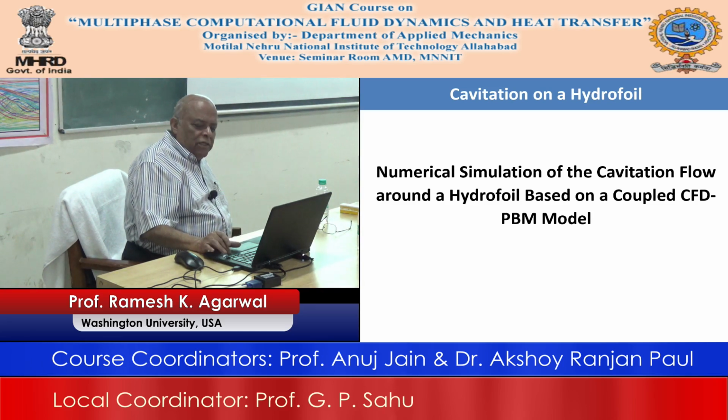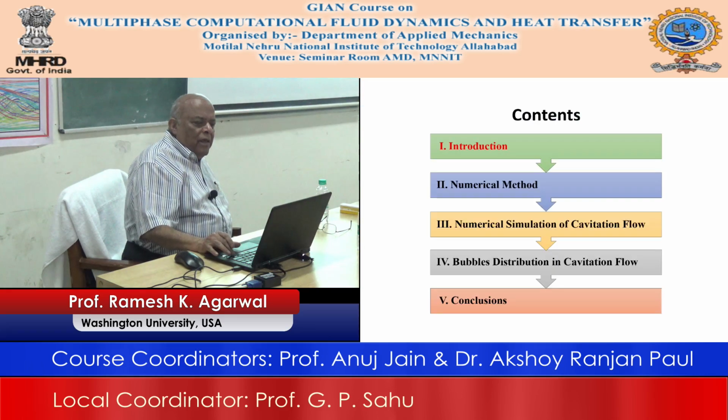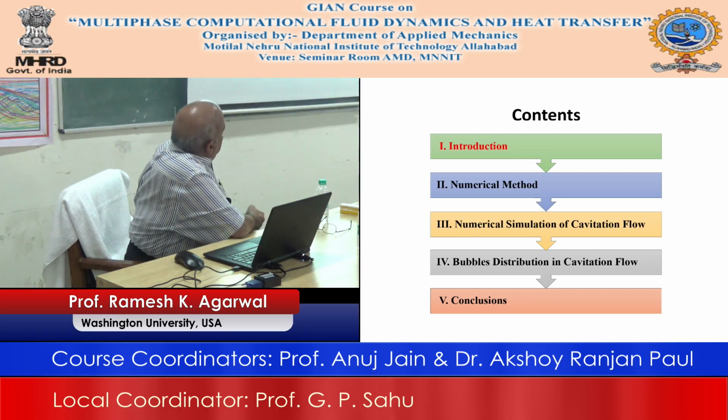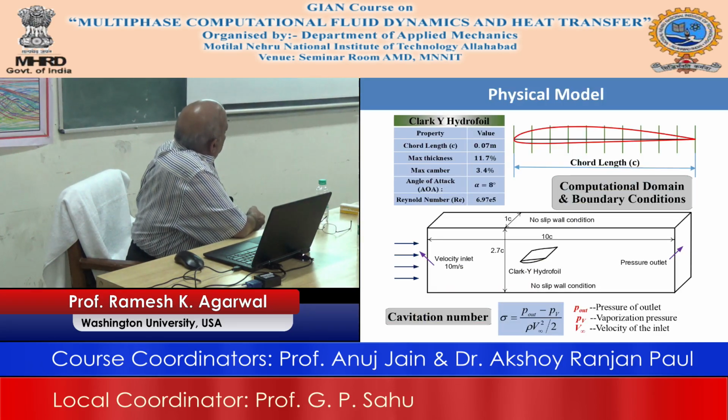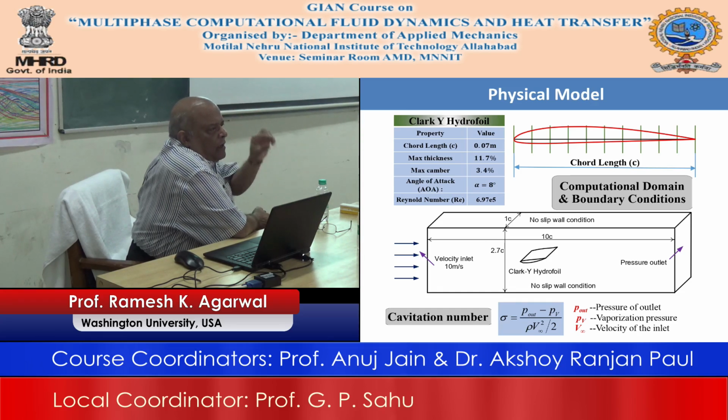Okay. So this is that example here, and what you find is a hydrofoil, and again you start with this main code, which is Fluent. So you have this Clark Y hydrofoil, and this is a thick aerofoil. In contrast to the wing that you have in air, they are very thin, and if you are a fighter aircraft, they are even thinner, and if you go into the water, they are thick.